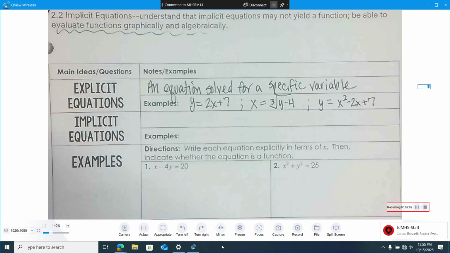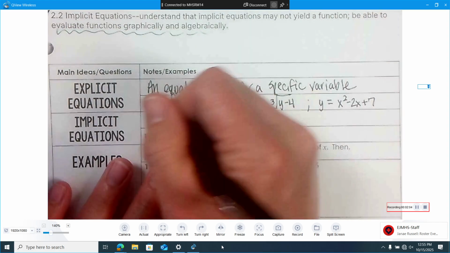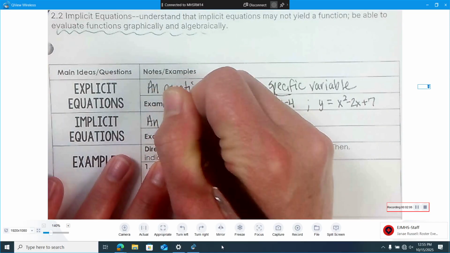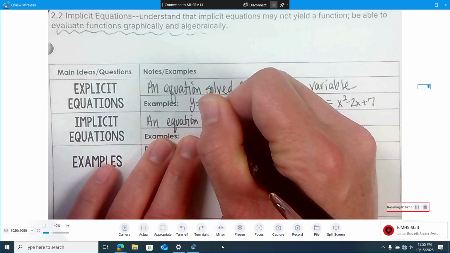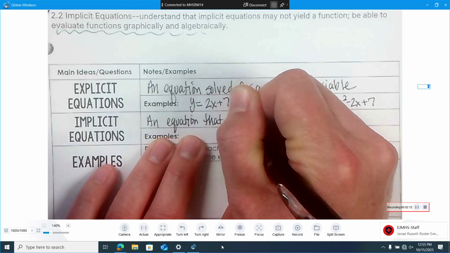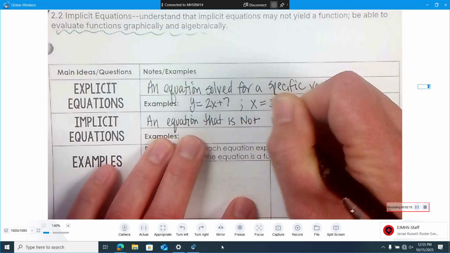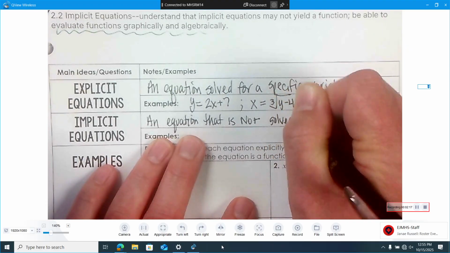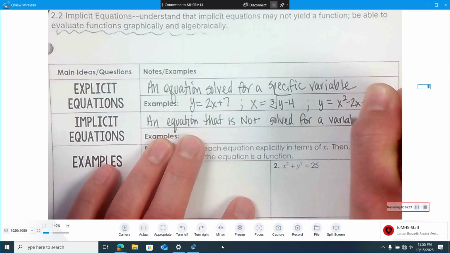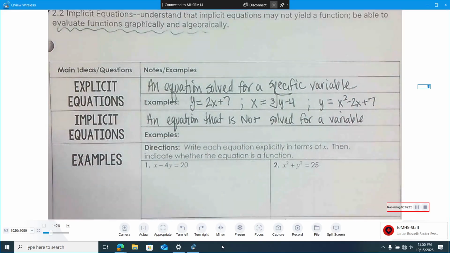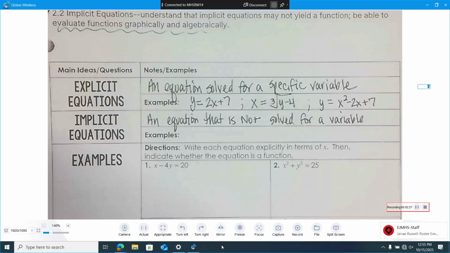An implicit equation is an equation that is not solved for a variable. And so in this case, we would have mixtures of x's and y's. Nothing is isolated.